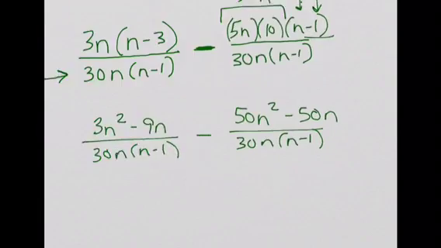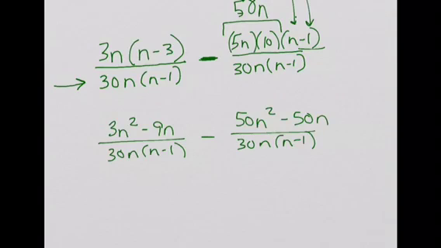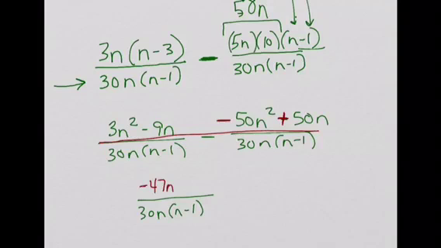Let's go ahead and write this as one big fraction. My denominator stays the same, 30 times n minus 1. And in the numerator, I would be subtracting 50n squared and I would be adding 50n. When I distribute that and connect this as one big fraction, I get negative 47n squared.